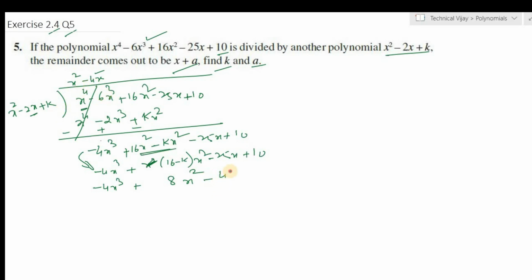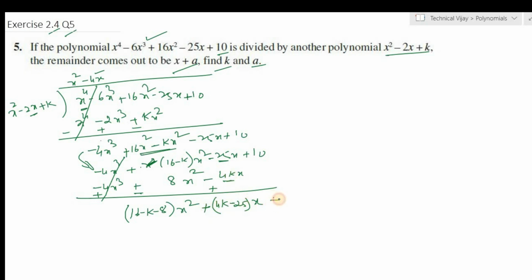This is plus, this is minus, so this gets cancelled. For the x square, 16 minus k minus 8. Now this is minus, this is plus, so plus 4k minus 25.